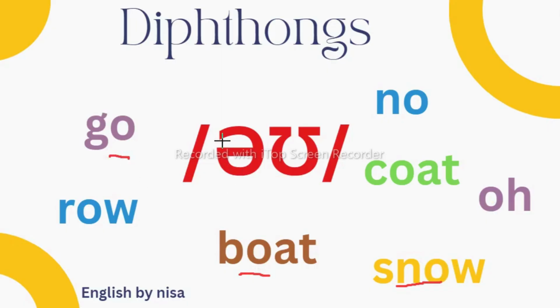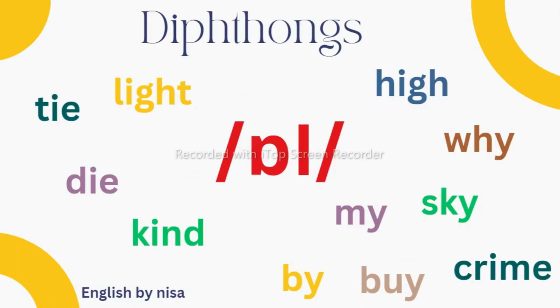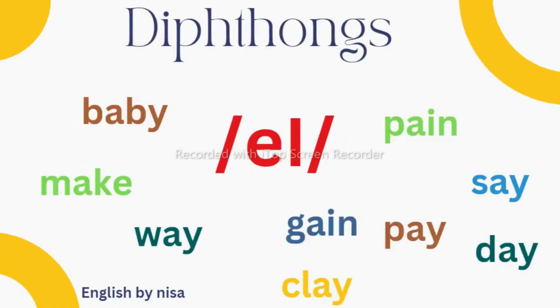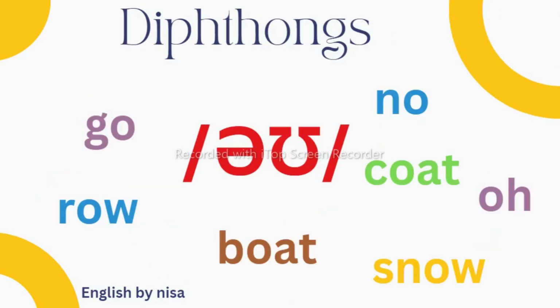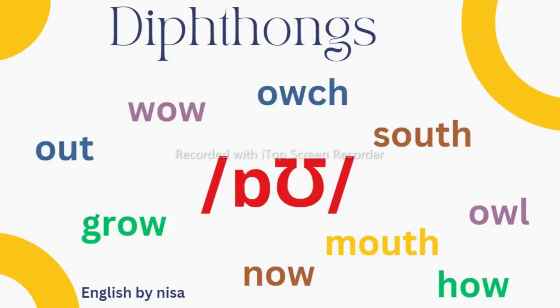So this inverted E and that U-like symbol produce the O sound. This symbol produces the I sound like in my. This produces the A sound like in pain, say, way. And this one produces the O sound. Now let's see this one, which produces the ow sound. Here you have to remember the symbol.